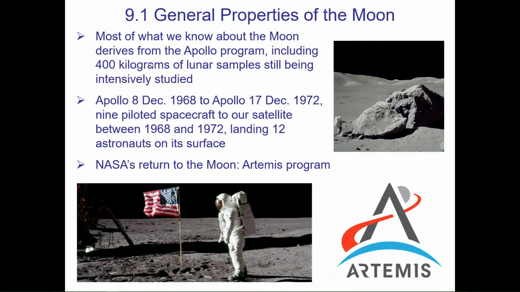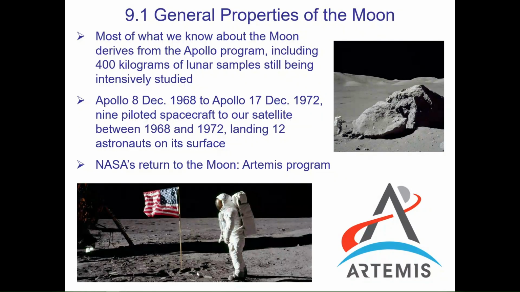You may know that most of what we know about the moon actually derives from the Apollo program. You can see there are a lot of images from the Apollo program that give us the opportunity to get a closer look at the moon. You can see this is a big rock on the moon and an astronaut is nearby. We even put an American flag on the surface of the moon.